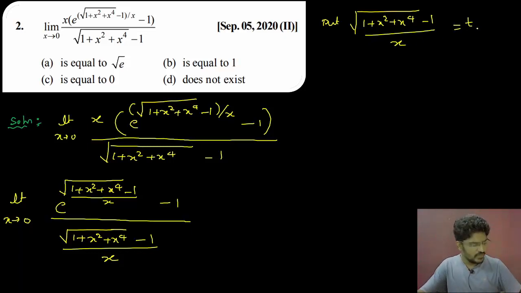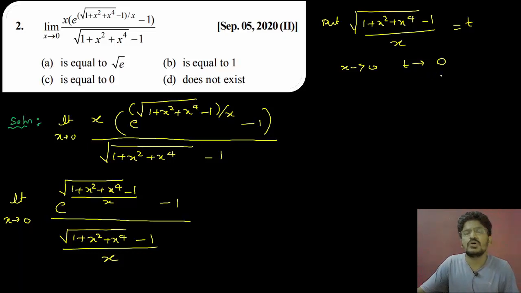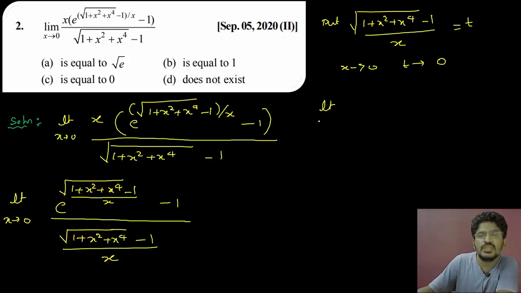If I replace this term as t, as x tends to 0, t will also tend to 0. Now this is going to be equal to limit t tending to 0 of e to the power of t minus 1 divided by t.